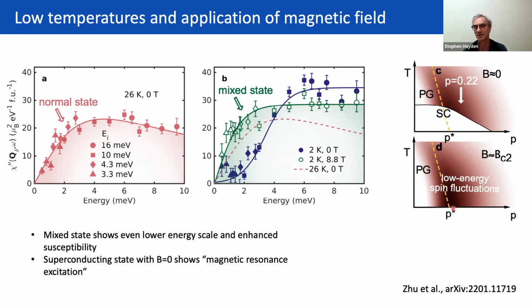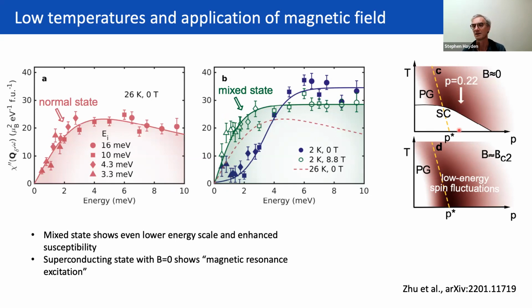So I've introduced, just schematically, what seems to be happening. If we imagine in zero field, we start off, we sample somewhere here, and this color is supposed to represent the strength of the low energy spin fluctuations. For the sake of argument, say one is at 1 millivolt. We see some spin fluctuations in the normal state.